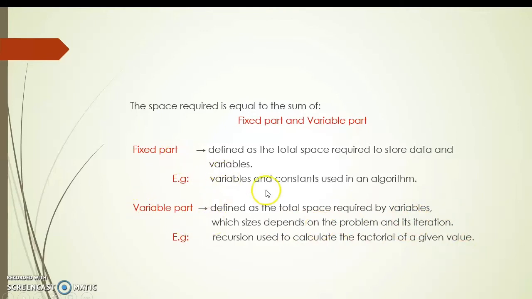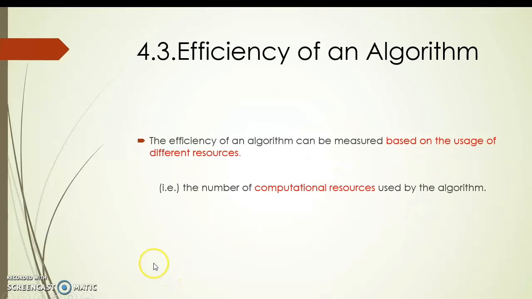Here you have to fix the inputs, variables and constants used in the algorithm. Now let us see what is meant by the efficiency of an algorithm. The efficiency of an algorithm can be measured based on the usage of different resources.